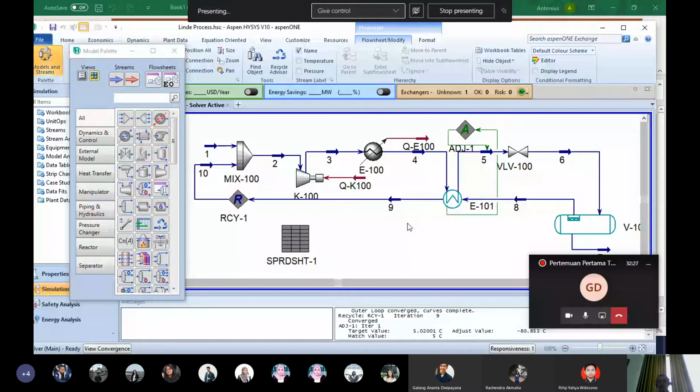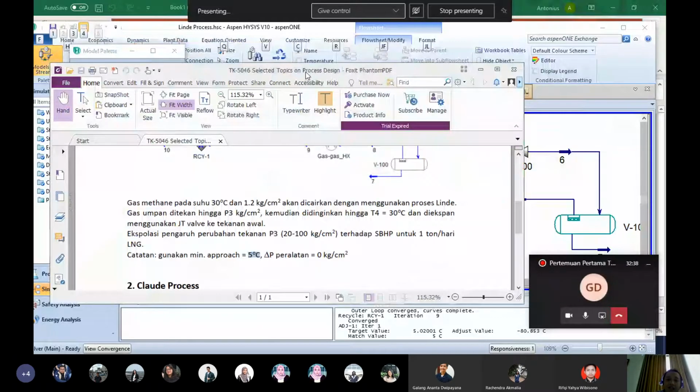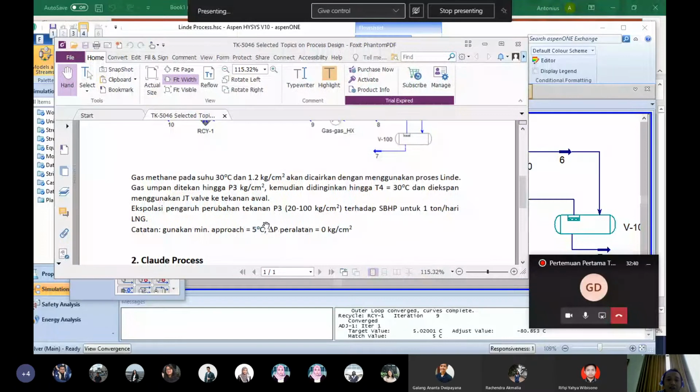Okay, and then is there any question? This is related to the problem definition of the minimum approach. After that, I also have the second problem definition, which is the main problem definition. You have to explore the influence of the P3 temperature, from 20 till 100 kilo, on the HPHP value.